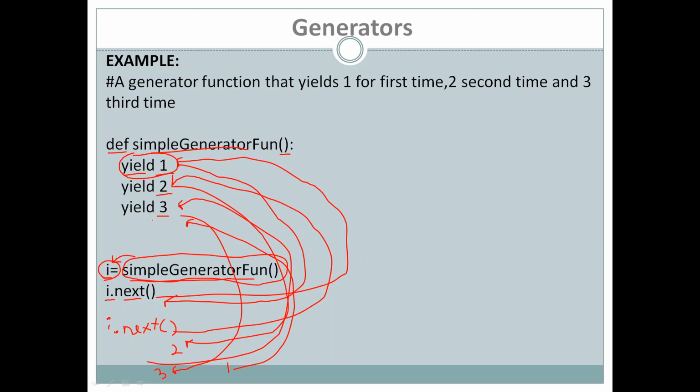So the function ends at this point, and that is the reason if I try to call it again, it will simply return an exception saying StopIteration. So it will return an exception, that is StopIteration, when you try to call the function again using i.next.